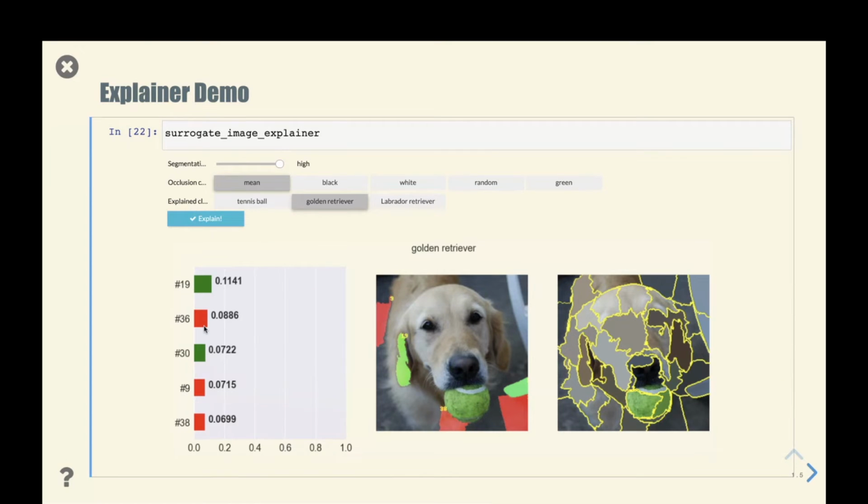There's another question. For image data, the model learns structure based on each pixel. How do we know the segmentation for interpretation is really meaningful for the model? I think that's a good question. So clearly this depends on the segmentation. So how can we make sure that we have a good segmentation?